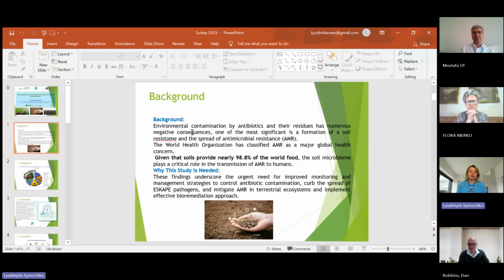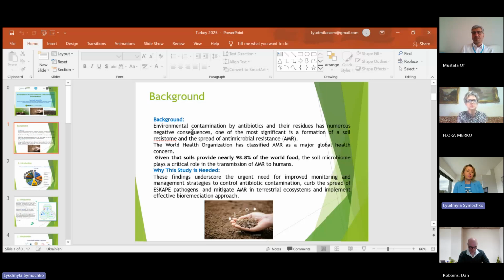So now, environmental contamination by antibiotics and other residues has numerous negative consequences. And one of the most significant is formation of soil resistance and spread of antimicrobial resistance. And of course, nowadays, the World Health Organization has classified antimicrobial resistance as a major global health concern.